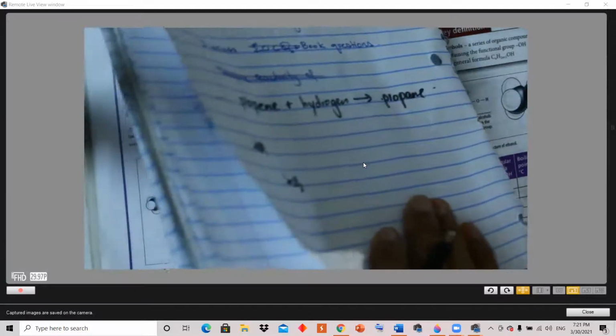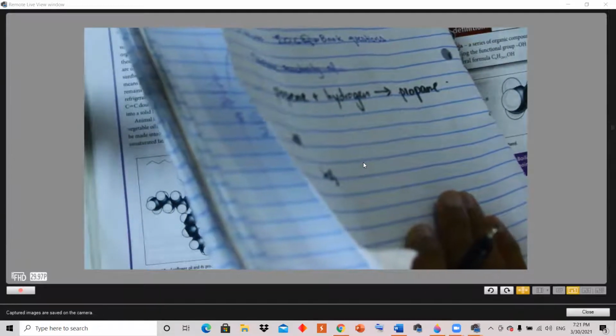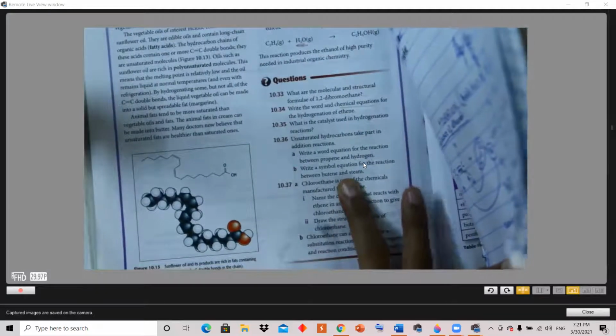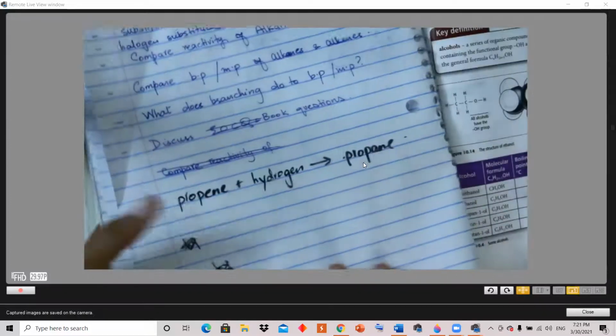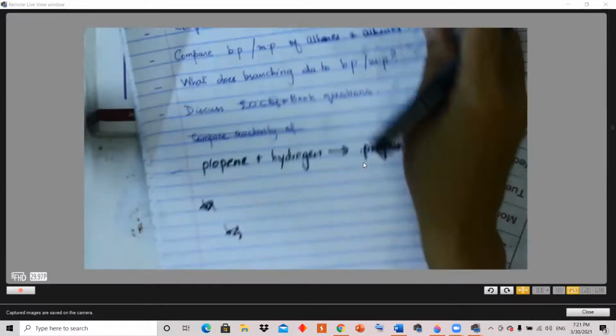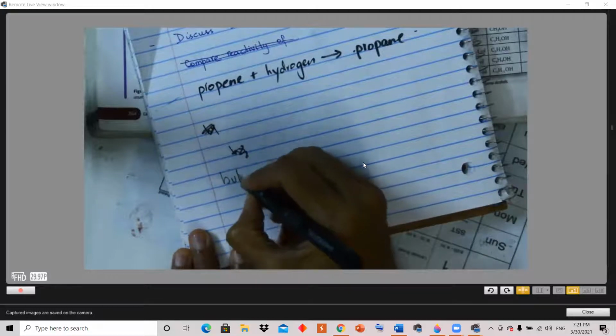Okay, now if they ask us to write the chemical equation, have they asked? No. Write a simple equation for the reaction between butene and steam. Okay, butene.